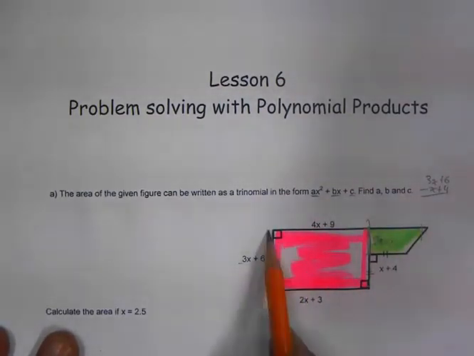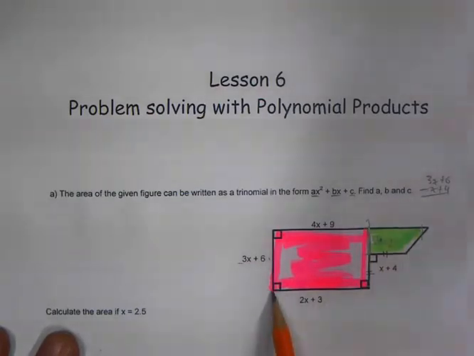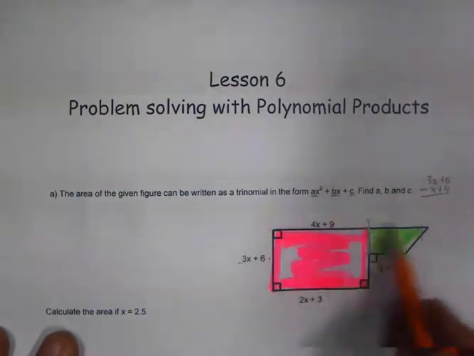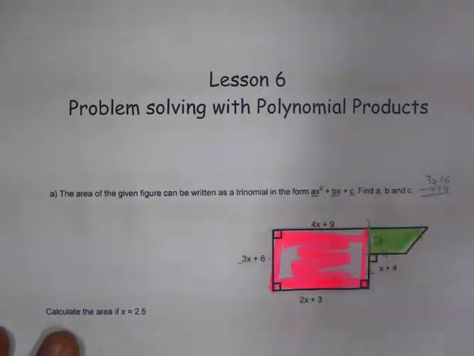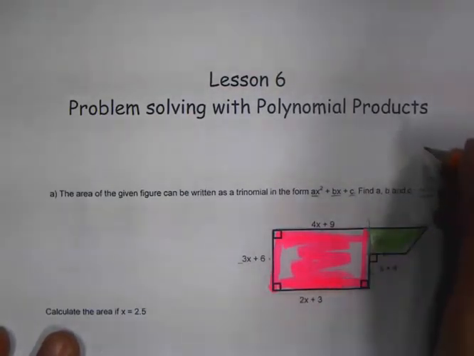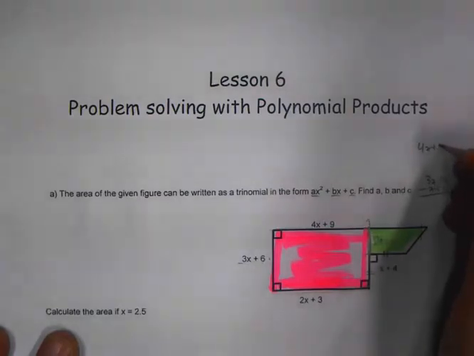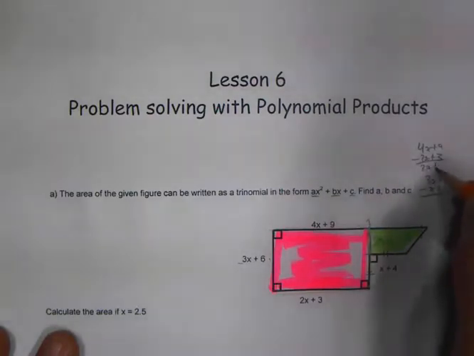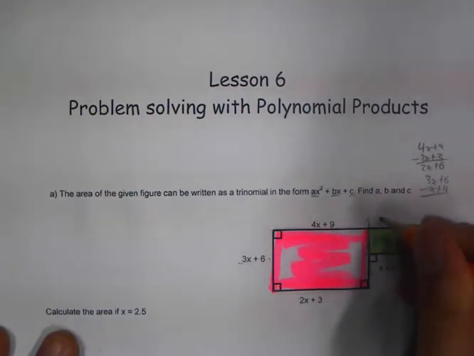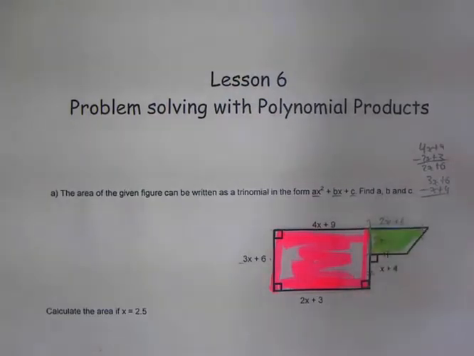Well, this whole distance is 4x plus 9. This distance here is 2x plus 3. If I take this distance, subtract this, this will give me that green. So I go 4x plus 9, and I take away 2x plus 3, which will give me 2x plus 6. So this distance here is 2x plus 6.